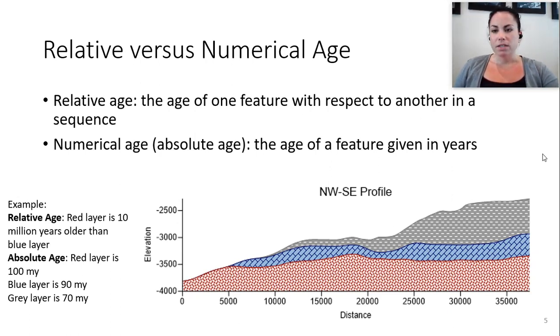So if I describe rock formations, sometimes they're in relative age, meaning that the age of the red layer is about 10 million years older than the blue layer, as opposed to saying in absolute age that the red layer is 100 million years old and the blue layer is 90 million years old. So there's a difference in description, and geologists can use them interchangeably. We might refer to formations in relative age to other formations.